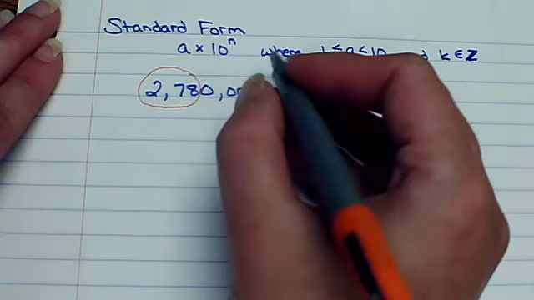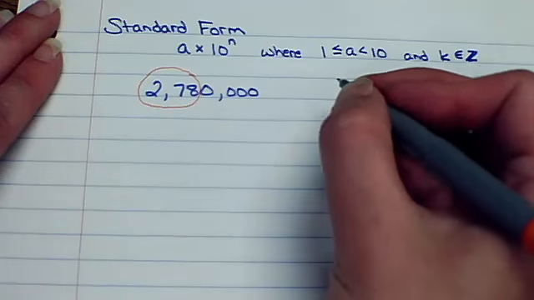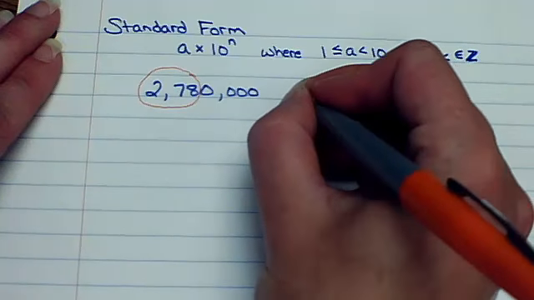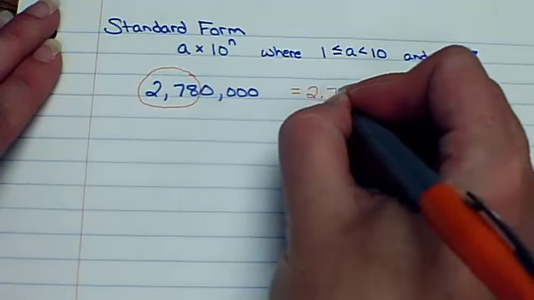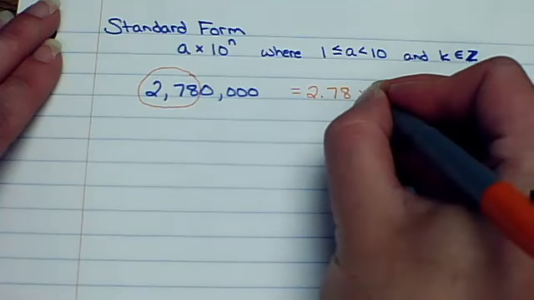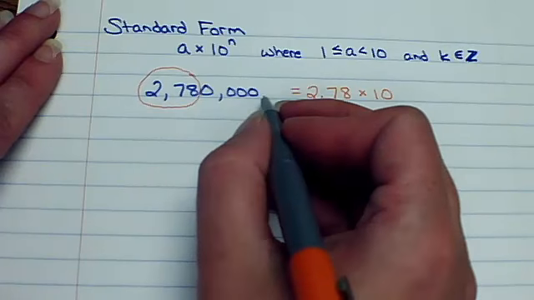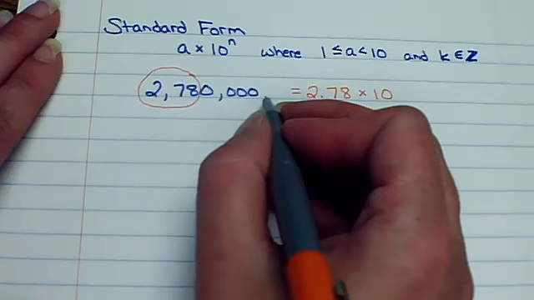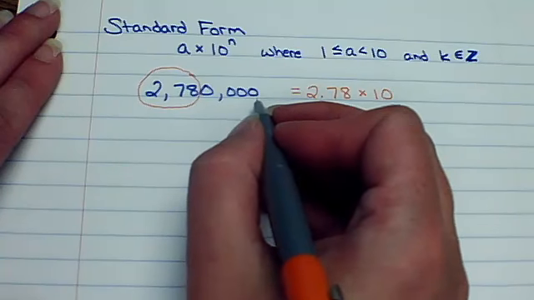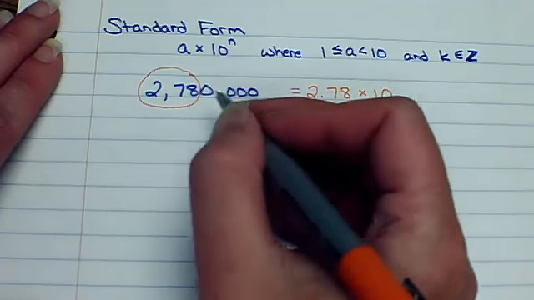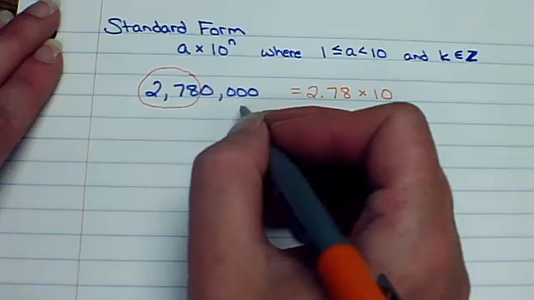Now we've got to figure out what the power of 10 is. We're going to move the decimal point this way, so it's got to be positive.